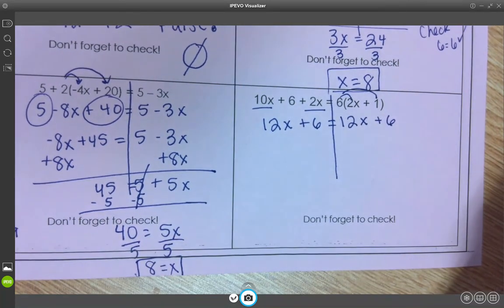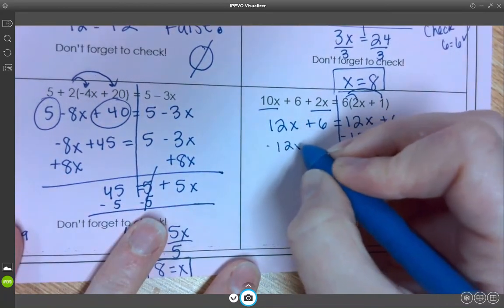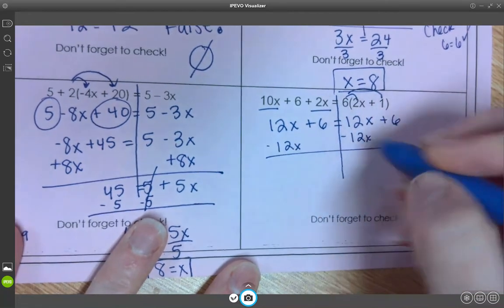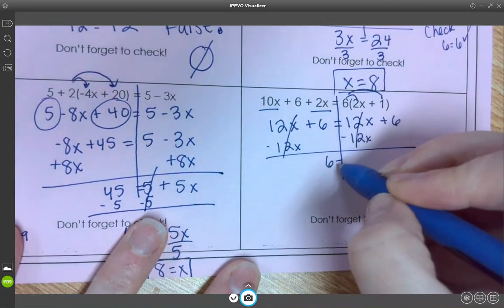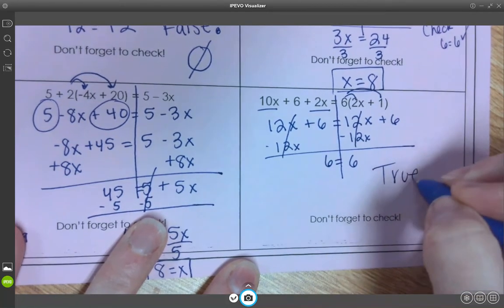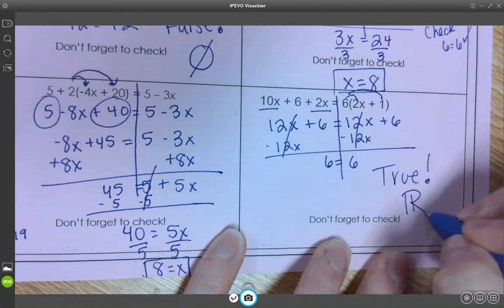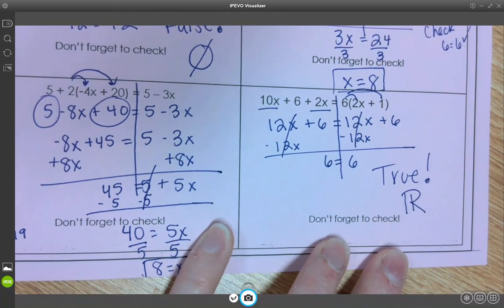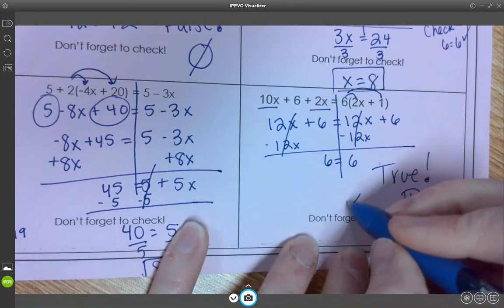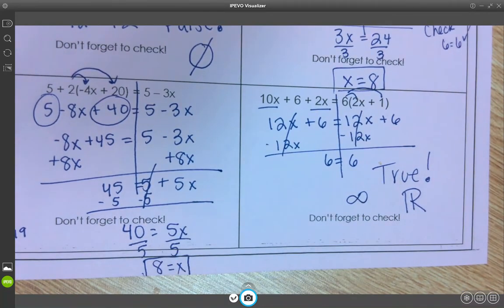What do you notice about the sides? They're the same. So whenever you take the 12x away, what are you left with? Equals. What does that mean our solution is? It's true. So our solution is infinity or all real numbers. It's an infinite number of solutions.